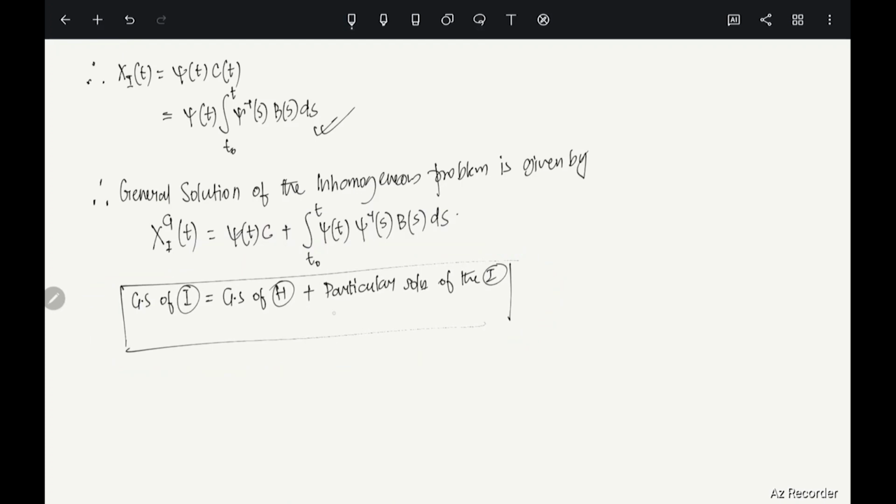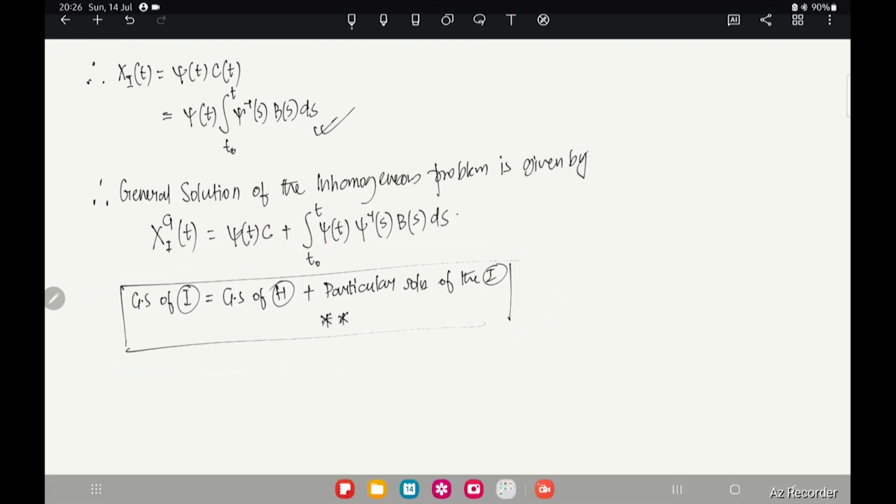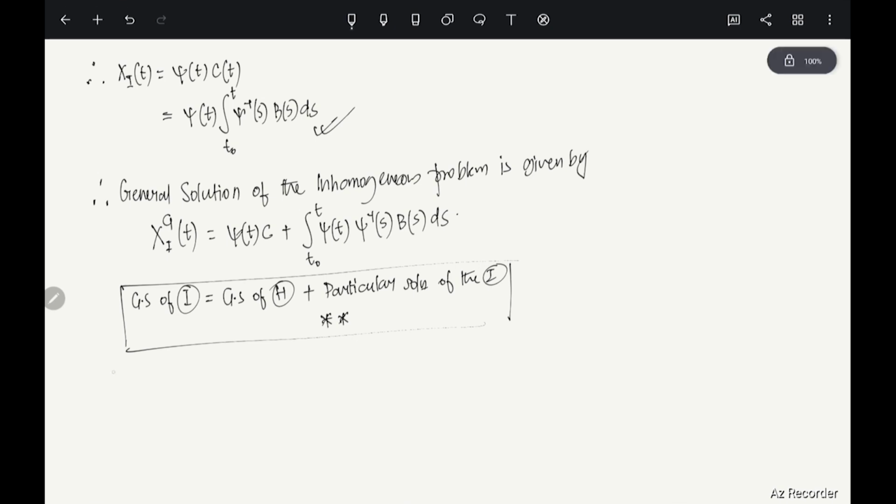Now, why is this true? Question. Let us put it this way.